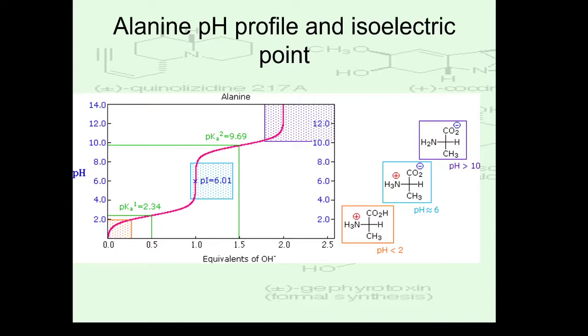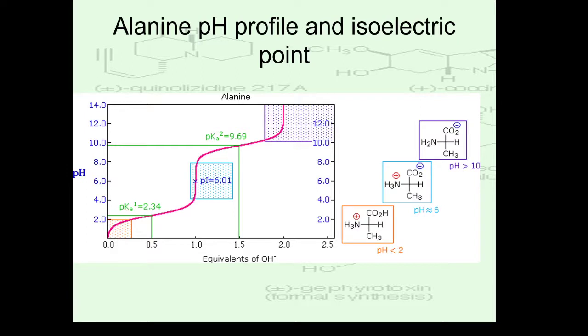Similarly, if I take an acid and place it in an acid, there are no electron donors available. They've all been used up, so I'm going to remain uncharged. What they're showing here is, if I have a low pH for alanine, a pH that's less than 2, the amine end is positively charged.